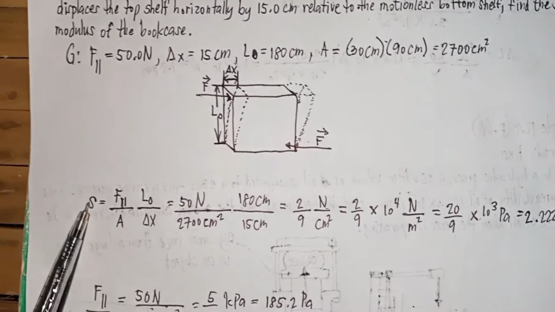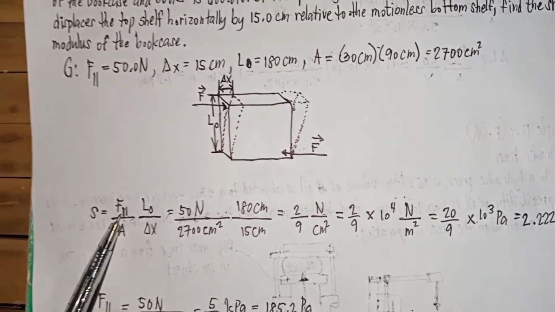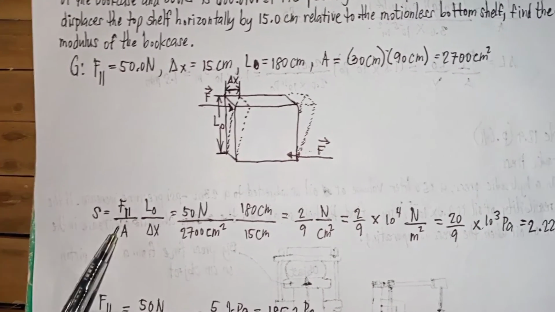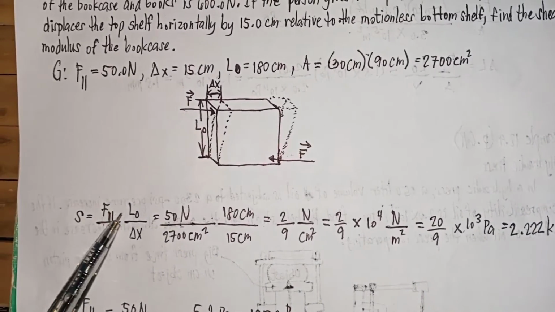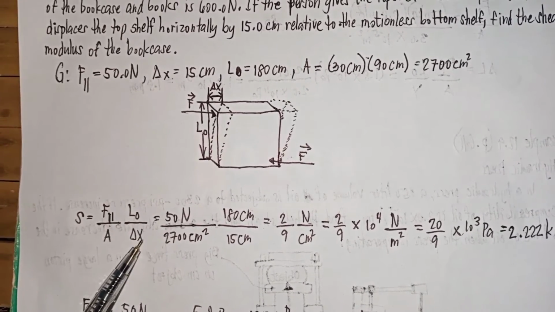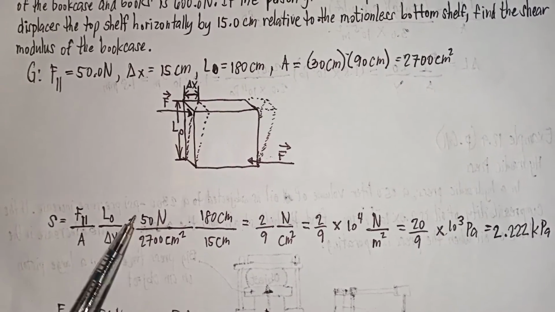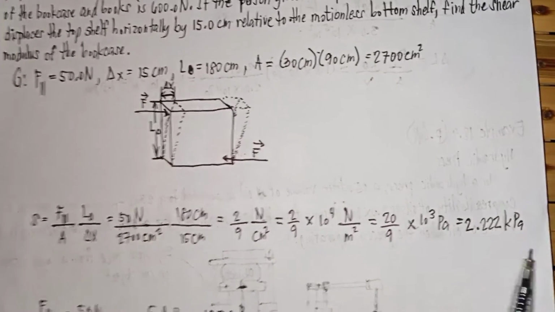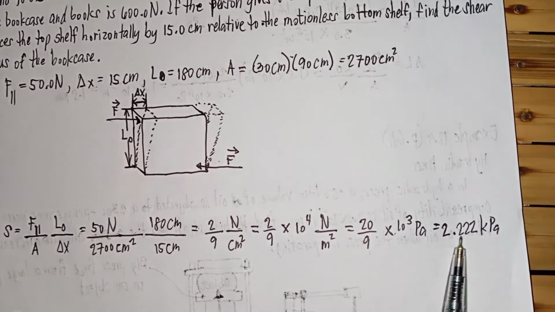The shear modulus equals the force that acts parallel to the surface over area, and then the initial length over delta x. Then substitute the values and manipulate, and the result is 2.222 kilopascals.